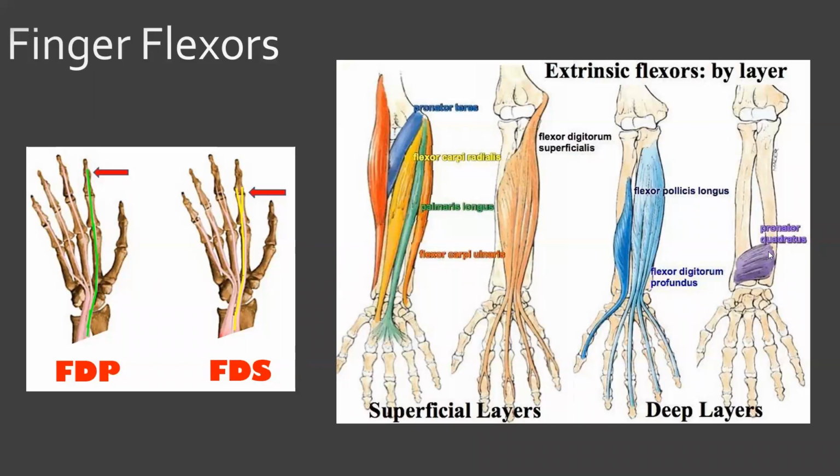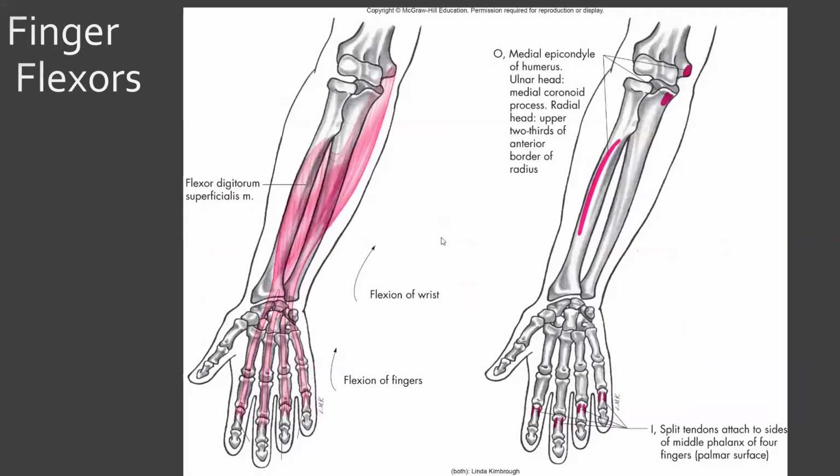Now, hopefully you don't get confused with the pronators and supinator. Those are pretty easy to tell what they do. Anytime you cross over a joint, you are going to move that joint. This is why, for example, your biceps is important relative to your shoulder, because the long head of your biceps inserts on the superior labrum.